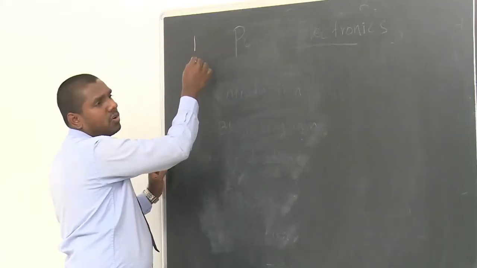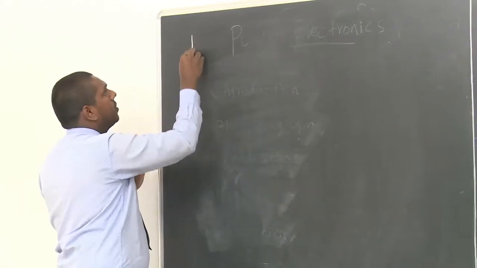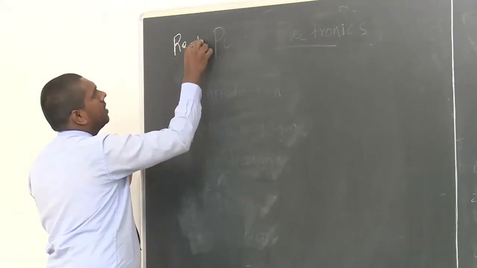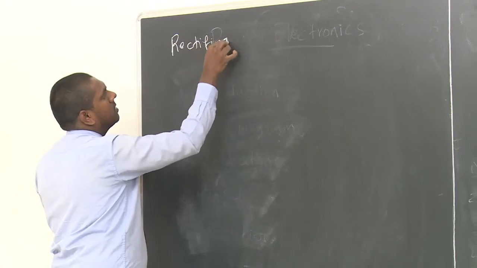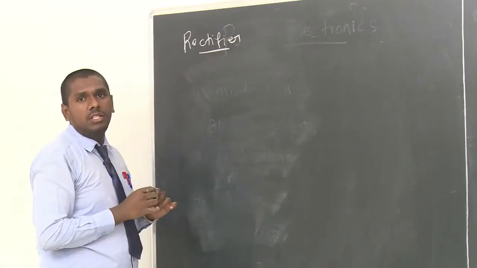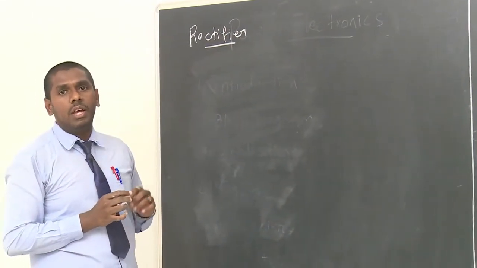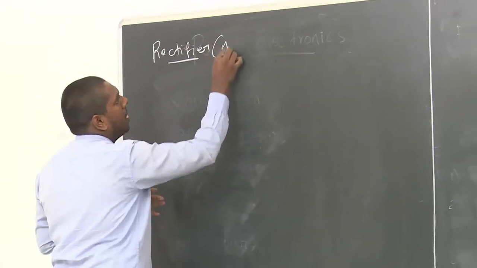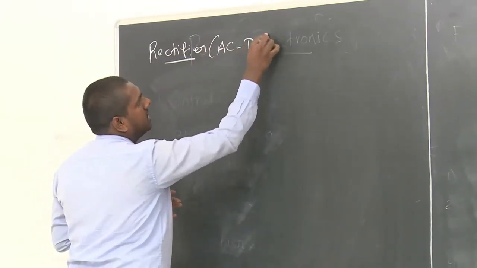Okay, based on the power electronics types, we are discussing the rectifier. The rectifier converts AC supply to DC supply, AC to DC.